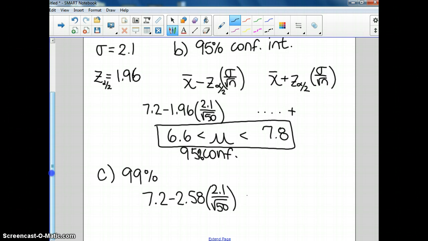That'll be our low end of our interval, the high end will be that same stuff with the plus sign in between it. So the low end of that interval should come out to be 6.4. And if we find the high end of the interval, we get 8.0.